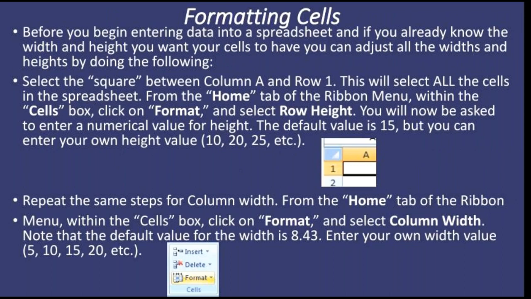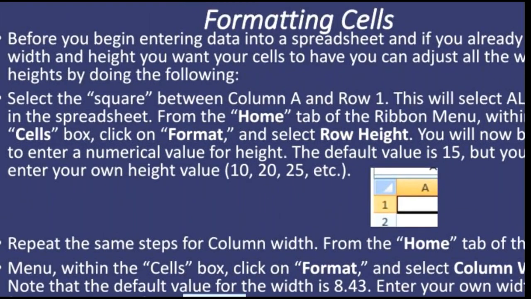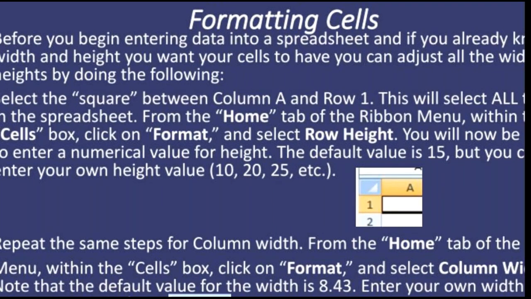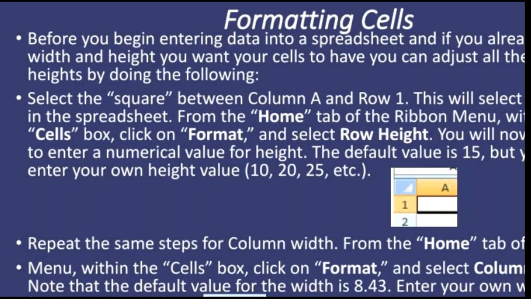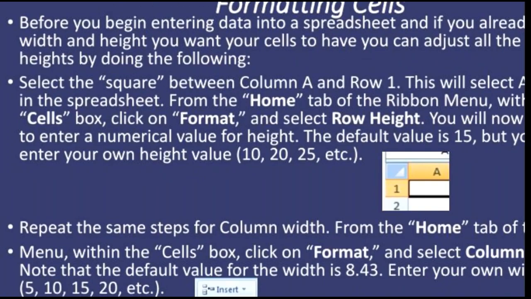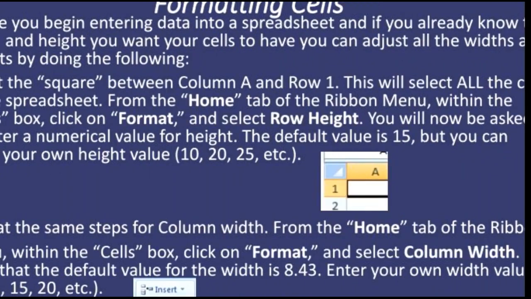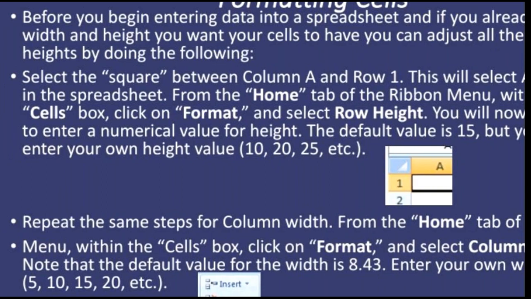Before beginning entering data into your spreadsheet, you must have known the width and the height you want your cell to have. You can adjust the height by doing the following. Select the square between column A and row 1. This will select all the cells in the spreadsheet. From the home tab of the ribbon menu, within the cells box, click on format and select row height.